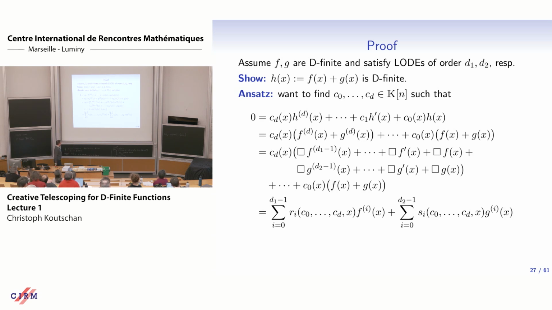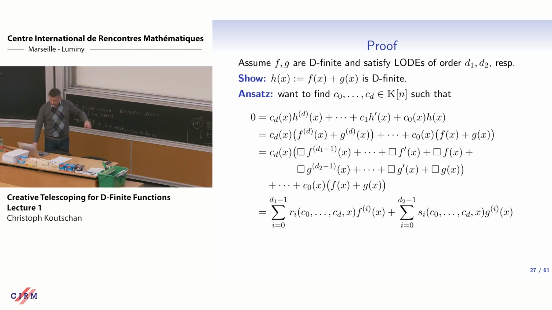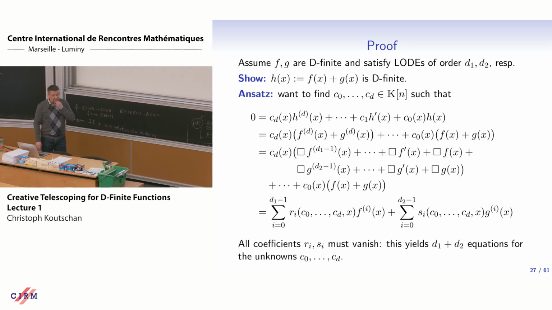So you rearrange everything, you collect coefficients, and that means you get a sum of the i-th derivative of f, multiplied by a big expression where the variable x occurs, and all these c's appear here. And similarly for g, but they will appear linearly, so you can just solve this. You make a coefficient comparison. Each of these coefficients must vanish individually, so this gives you a linear system, and you solve it.